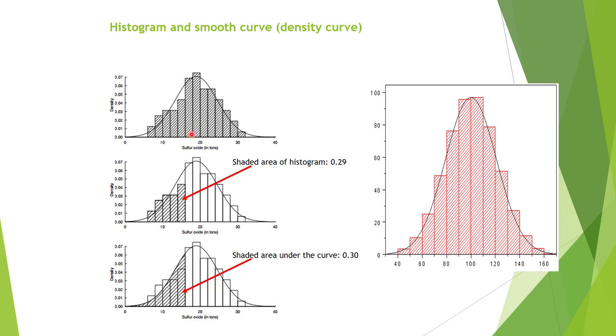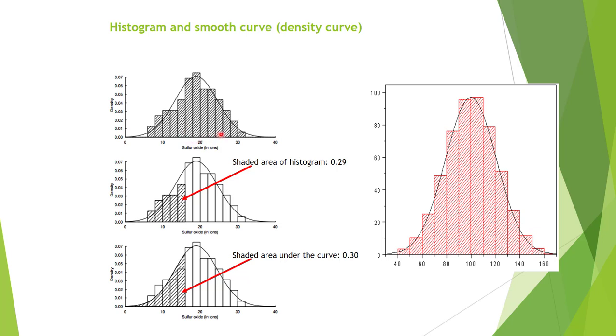Each of these bars kind of represents a percentage of homes, or using a general term, if we are not talking about the energy consumption example we talked about earlier, we are talking about in general, the area of each of the bars represents a percentage of scores or data points within this particular interval.